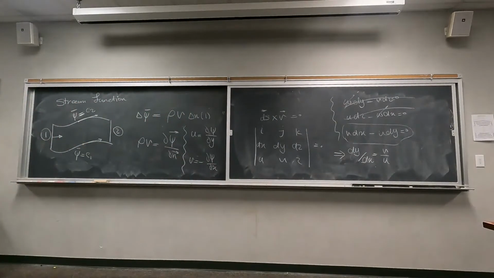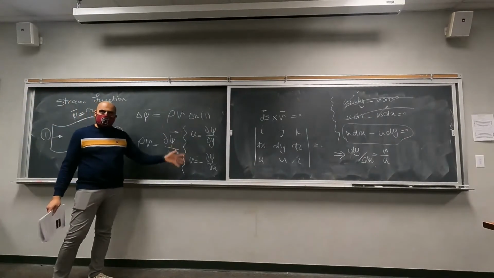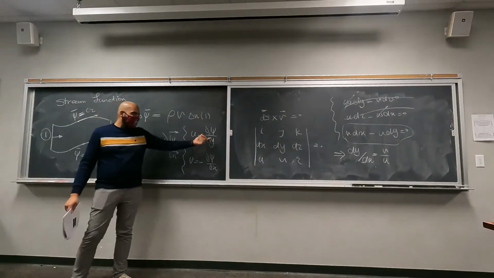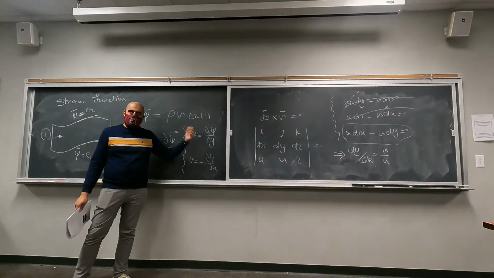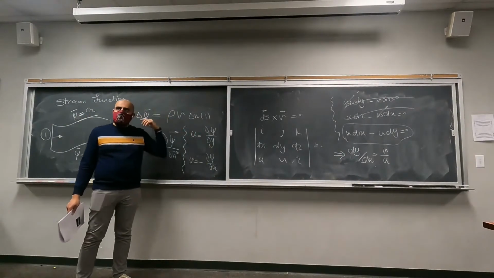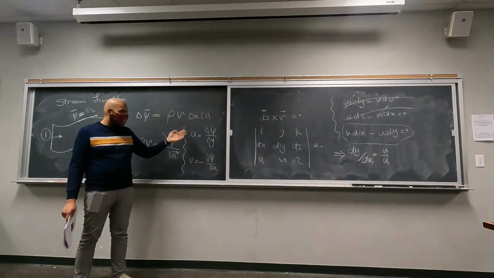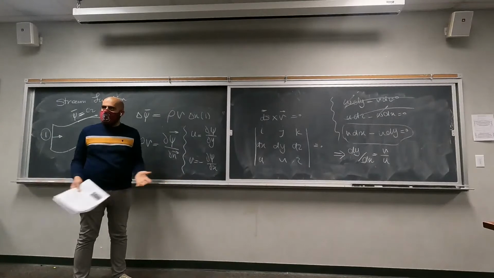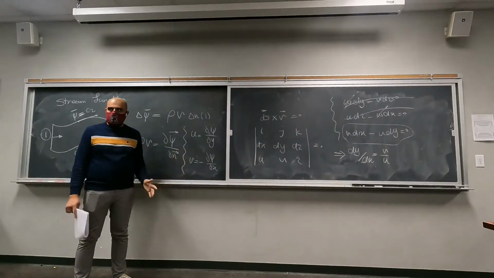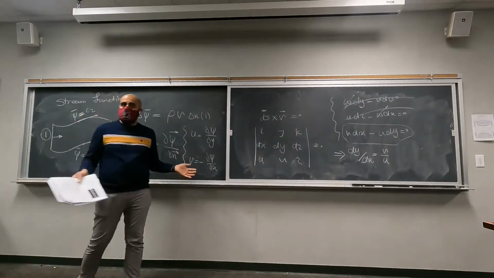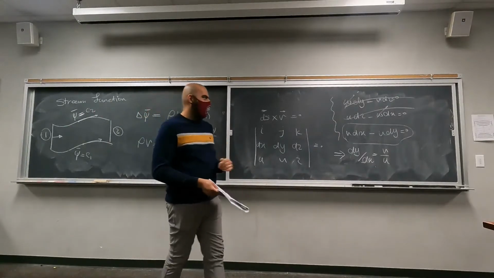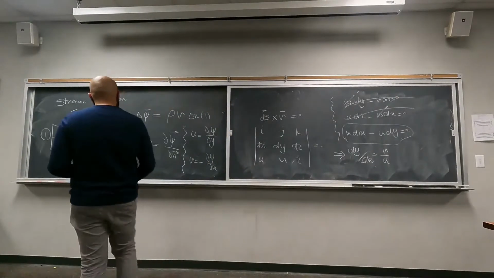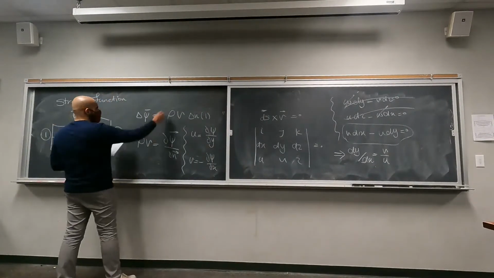Okay, so why is this definition important? If you have the stream function for a flow, you will be able to find the velocity distribution, which is a huge help, right? If you have the distribution of velocity, you have everything. You should be able to calculate anything you want to calculate. And we also have this definition in cylindrical coordinate system.